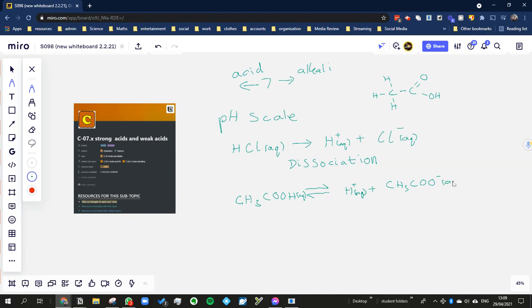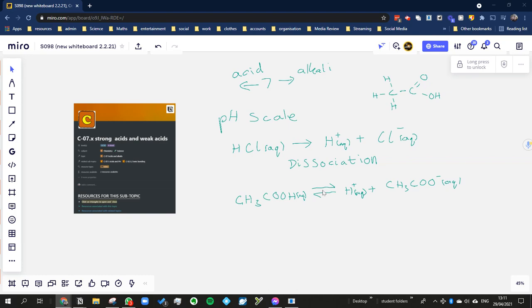When you put it in water like that, it will obviously move to that side, but because it's a reversible reaction, some of the products will recombine and form the reactant again, and so it doesn't completely dissociate, and that is basically the definition of a weak acid.